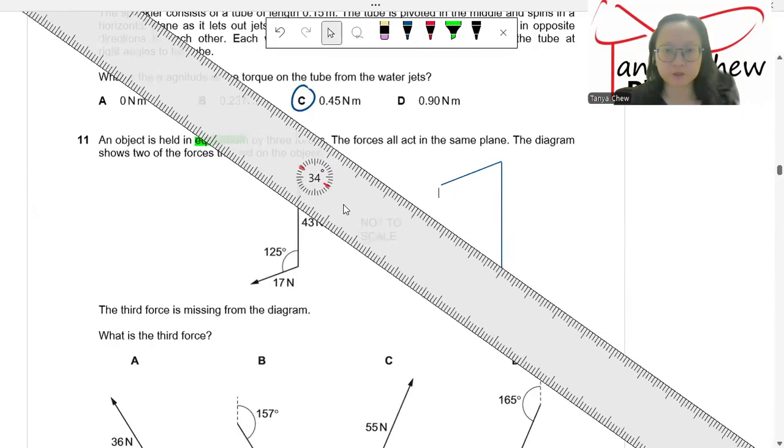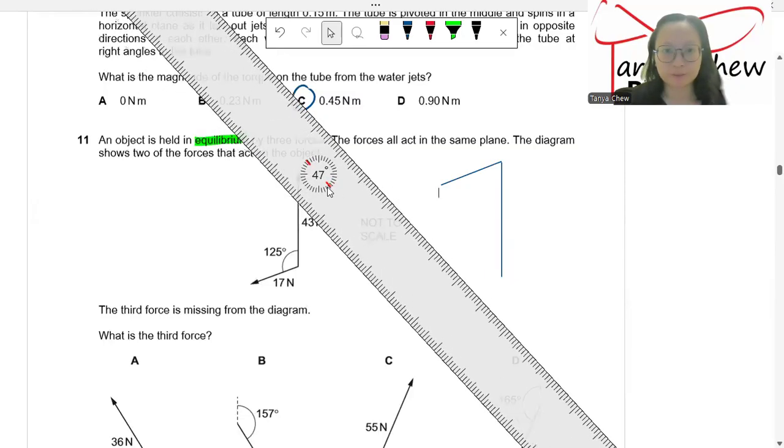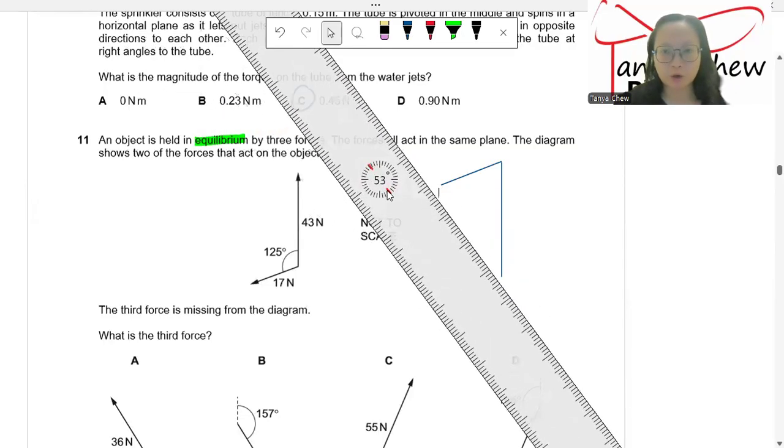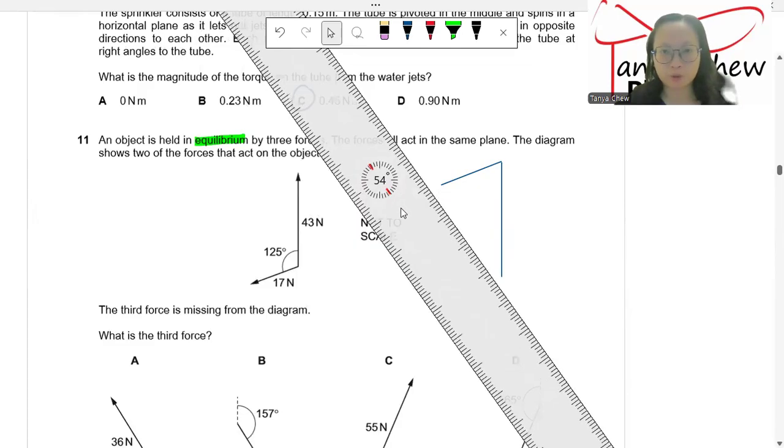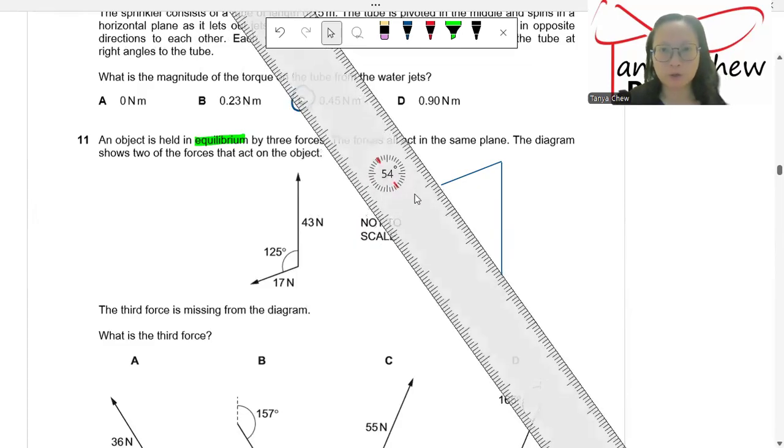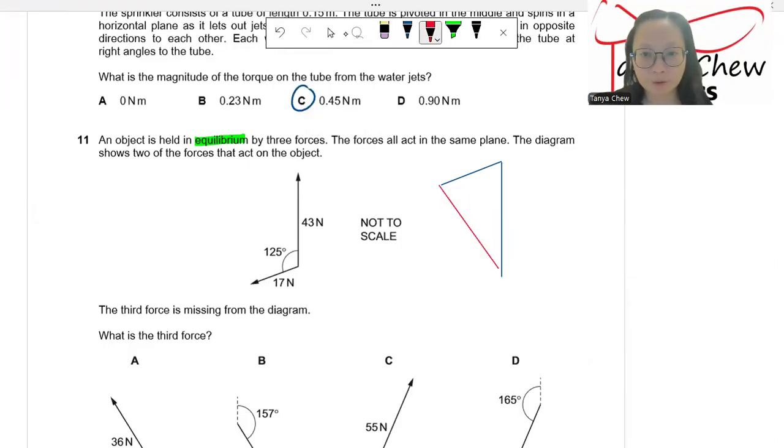There's no resultant force because the system is in equilibrium. So I'm going to draw my third force to form equilibrium. I'm going to draw the arrow later. So this is my third force. It has to perfectly form a closed triangle, not a circle, right?